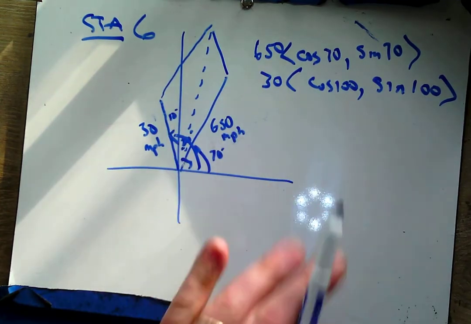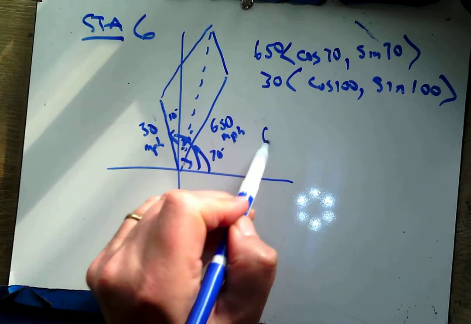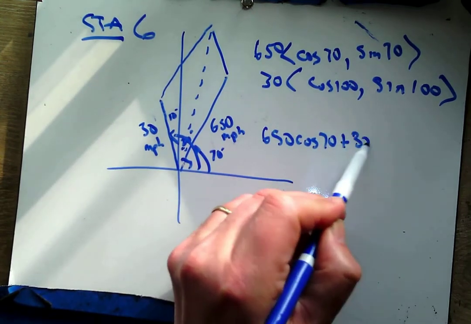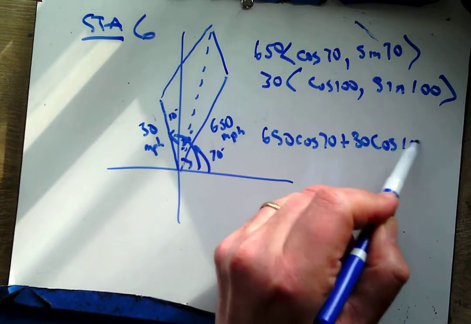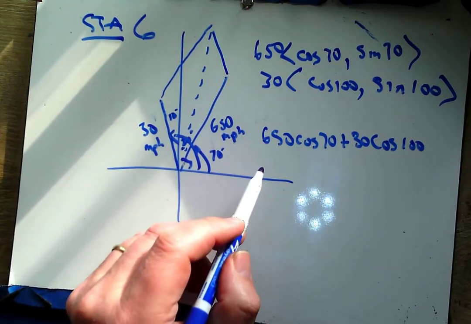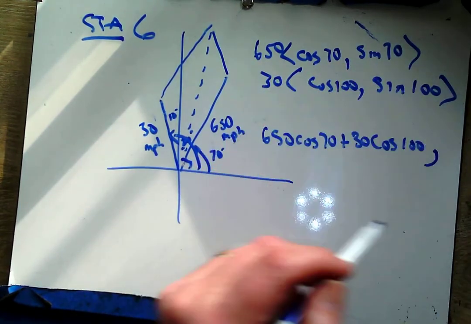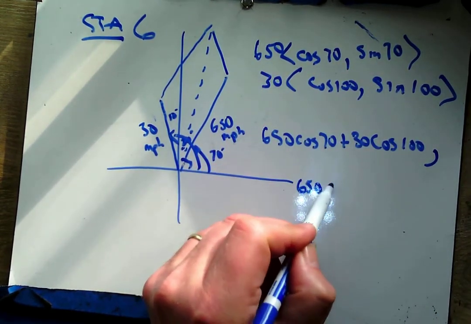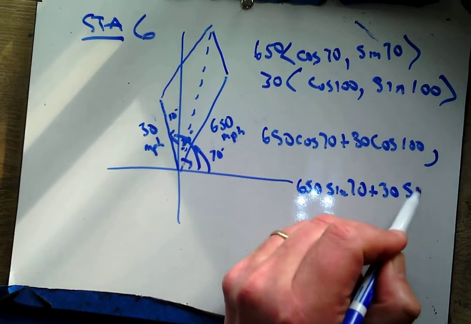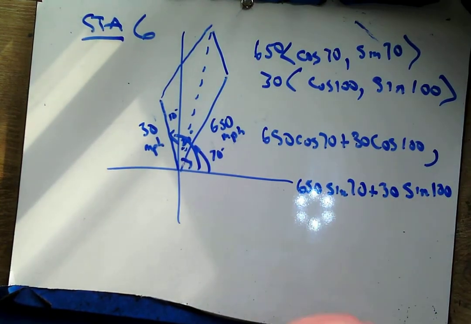And I need 650 cosine 70 plus 30 cosine 100. That's going to be the x component of my resultant vector. And then my y component, well, it's going to be 650 sine 70 plus 30 sine 100.